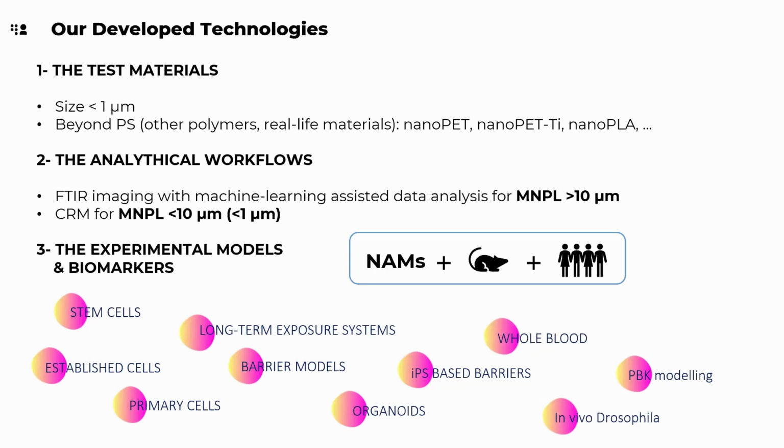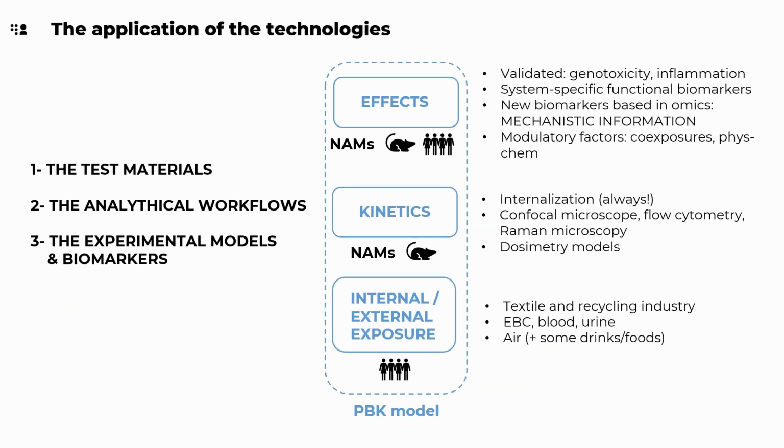All these new approach methodologies have been complemented with information from mice, a vertebrate, a mammal, and also from the case studies that in our case were focused on workspaces from a recycling factory and a textile industry.